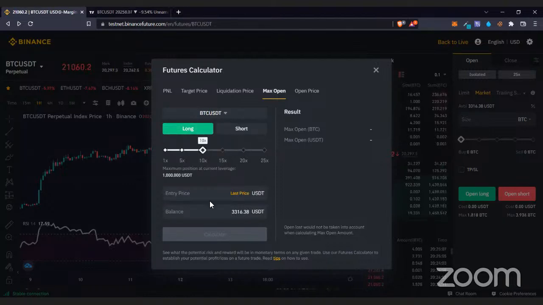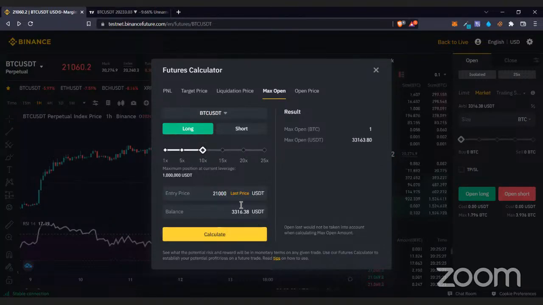Let's go back to 10x leverage. Now, the max open will give us the maximum of what we can open of the trade size, or the number of Bitcoin we can trade based on the size of our futures trading account. Now, our size currently is $3,316, okay? So if our entering price is at 21,000 again, I go ahead and calculate for long position too.